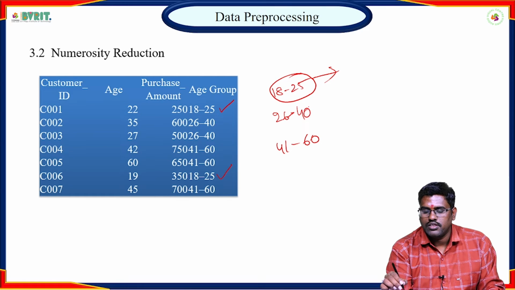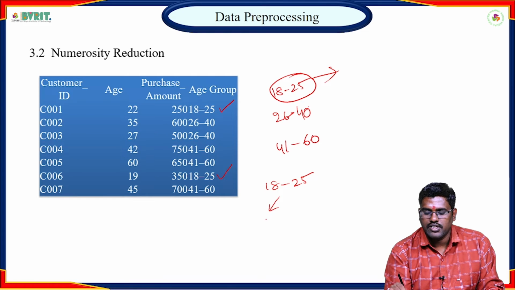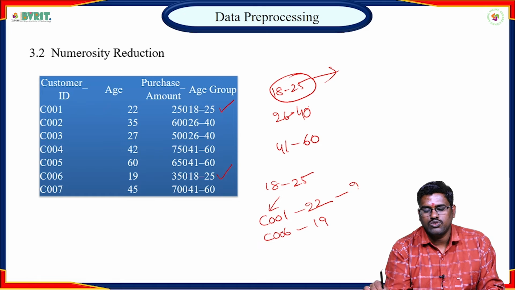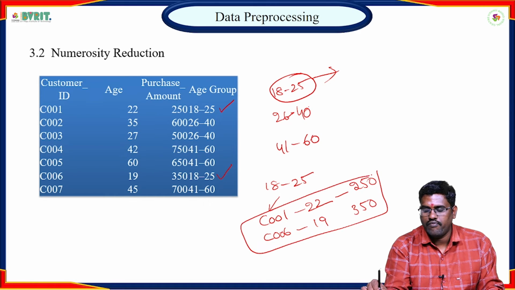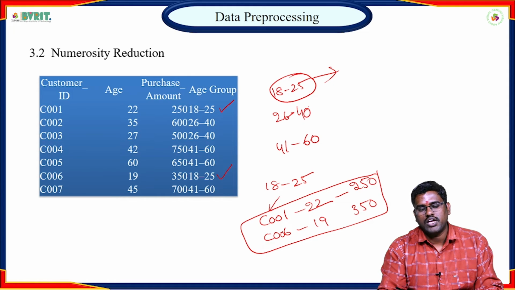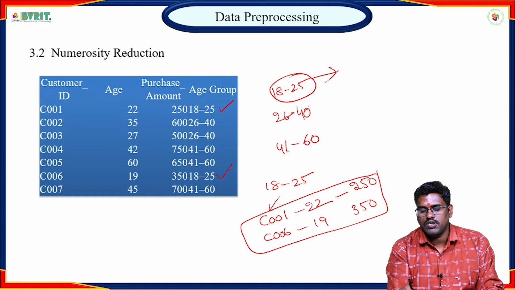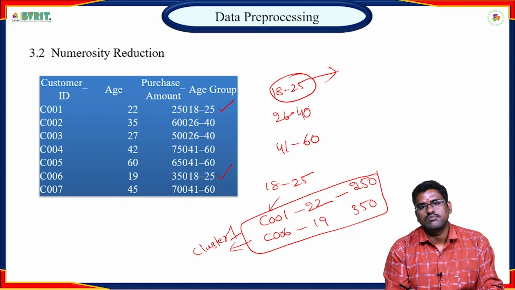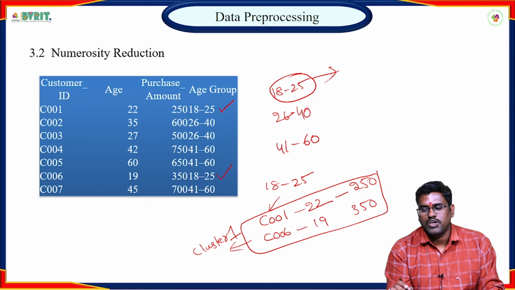That means the 18 to 25 group, with customer ID C001 with age 22 and customer ID C006 with age 19, the amounts 250 and 350. This is one reduction. So we have 7 values, and they will be reduced into fewer values. This one belongs to one cluster. Similarly, next 26 to 40.